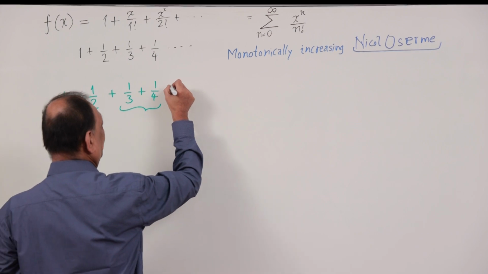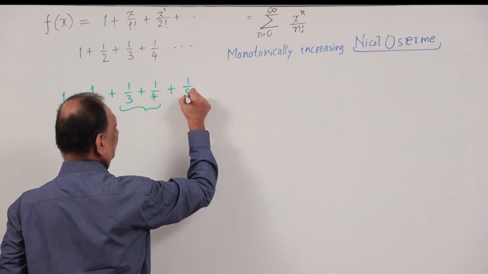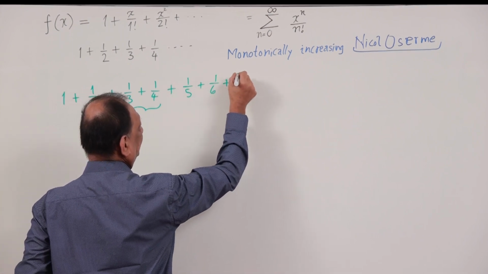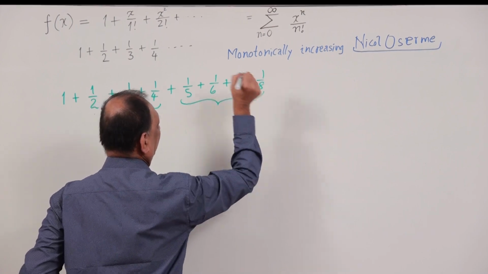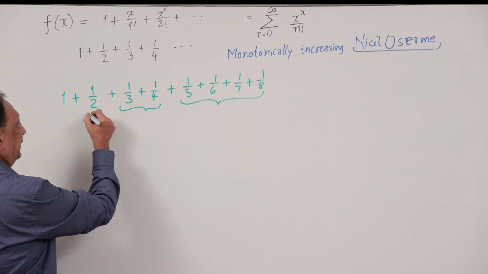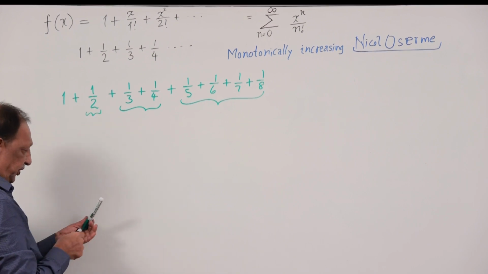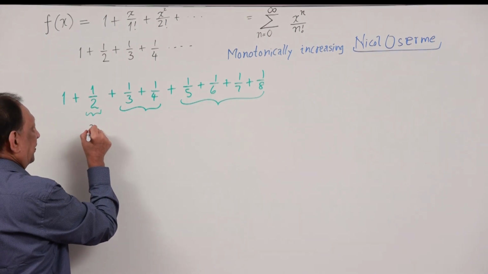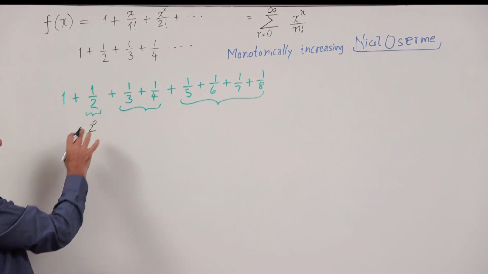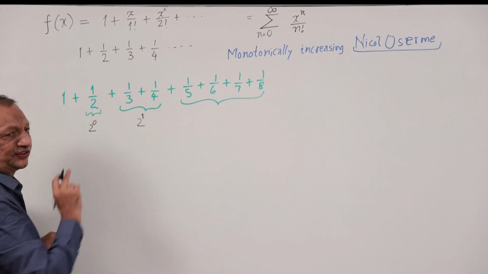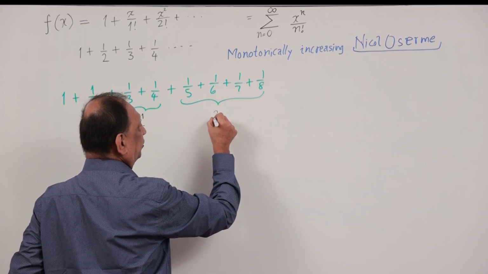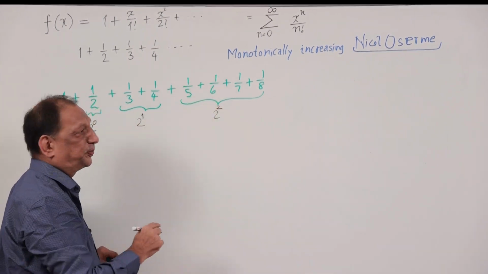I followed that up by 1/5, 1/6, 1/7, 1/8, 4 numbers. That means what I am doing here is 2 power 0 numbers I write as a group, that is 1. Then 2 power 1 numbers I have written as a next group. 2 power 2 numbers I have written as a third group.